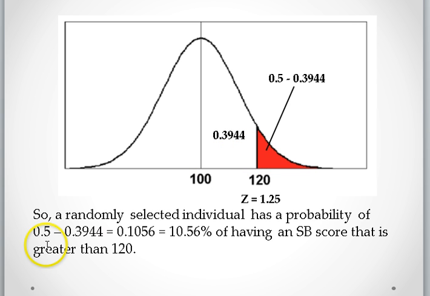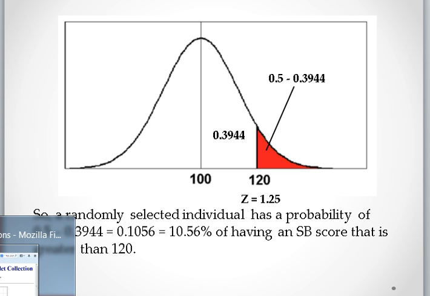So 0.5 minus 0.3944, which is 0.1056. So there's a 10.56% chance, or a probability of 0.1056, that a randomly selected student has a Stanford-Binet score that's greater than 120.